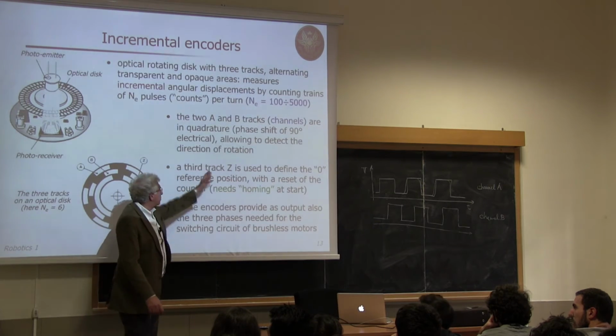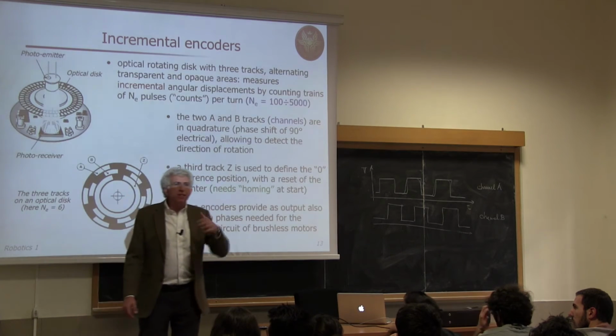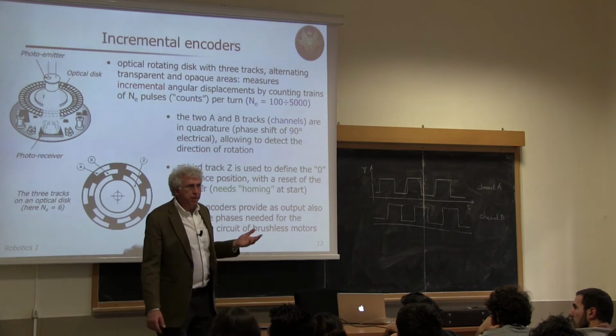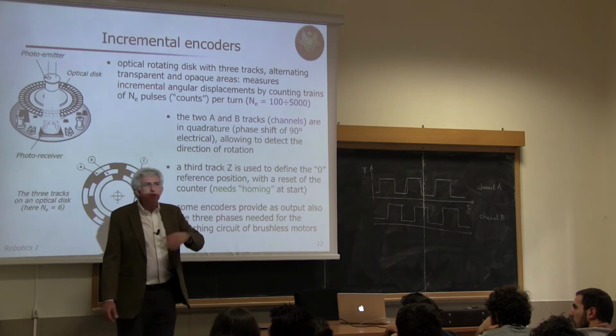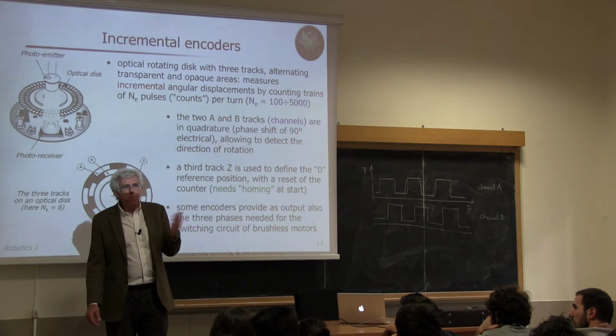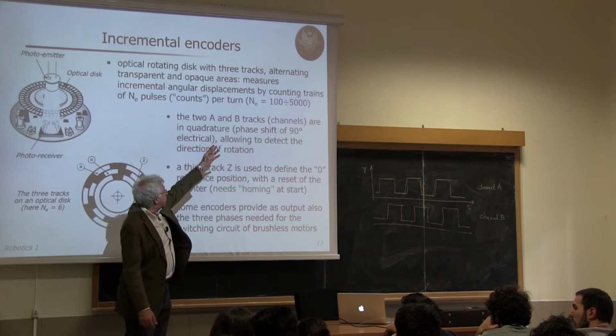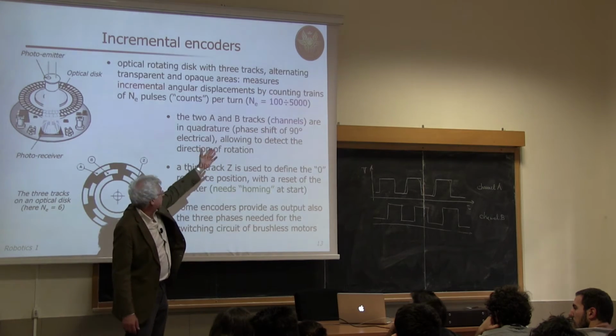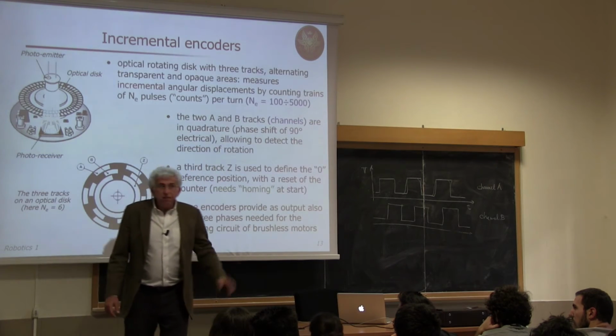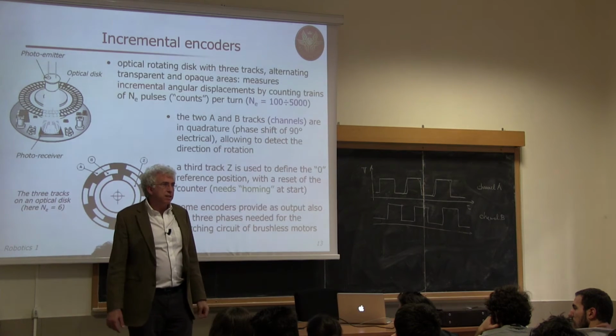So essentially, the third track is for setting the zero, whatever this means, the reference point. And from there on, you count pulses. Each pulse, depending on the number of pulses per turn, for instance, between 100 and 5,000, even more in the most advanced incremental encoder.